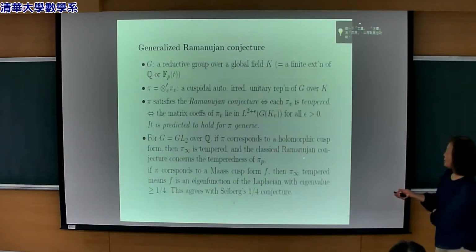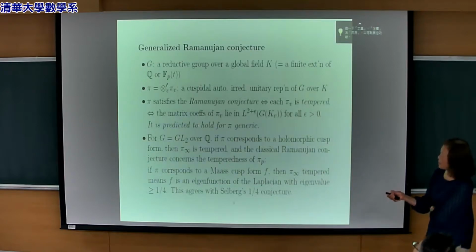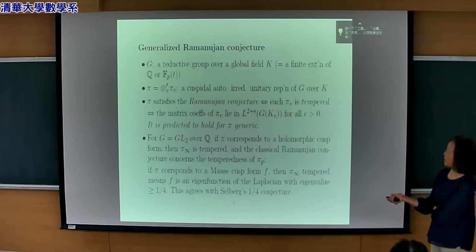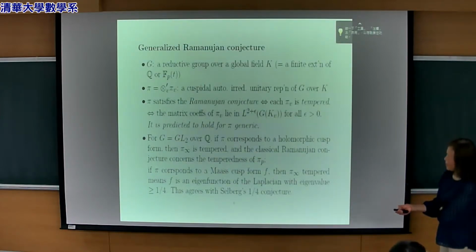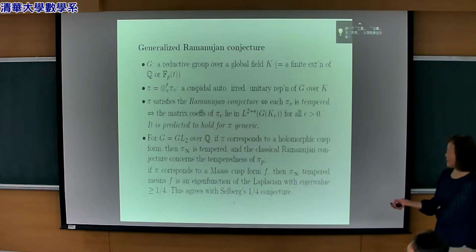And the classical statement about the Ramanujan conjecture concerns the temperedness of pi at the prime p, when prime p varies. Now, if this representation corresponds to a Maass form, so let's see what it means to say that the corresponding representation at infinity should be tempered. Being a Maass form means that this form itself is an eigenfunction of the Laplacian with some eigenvalue.